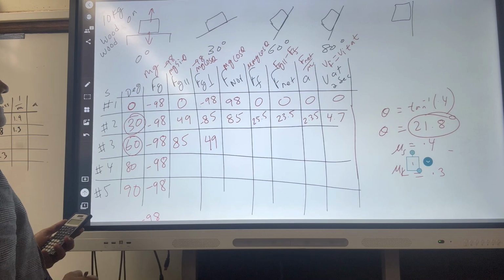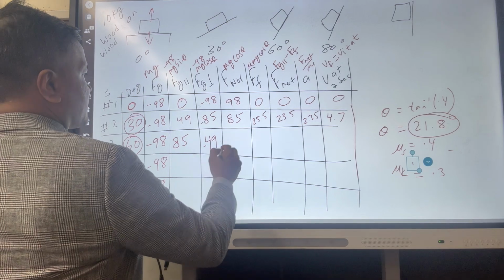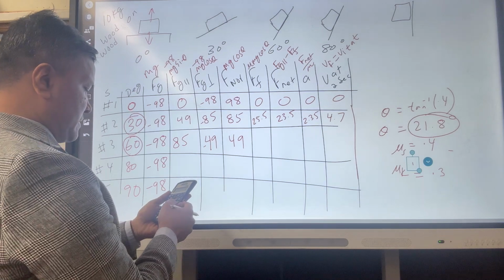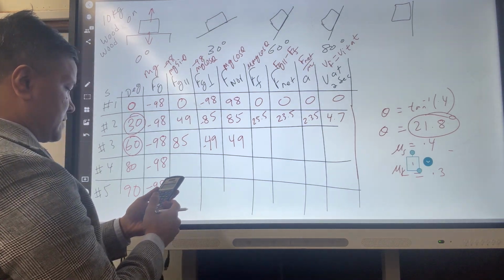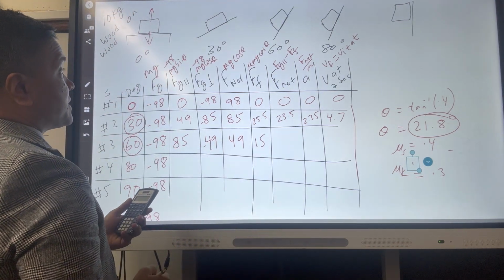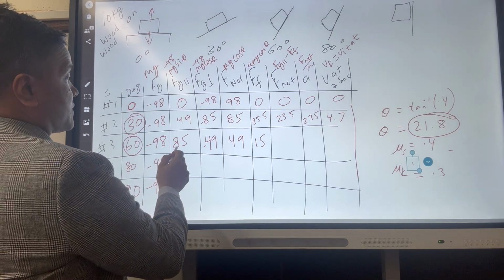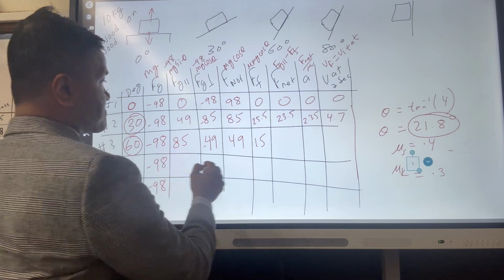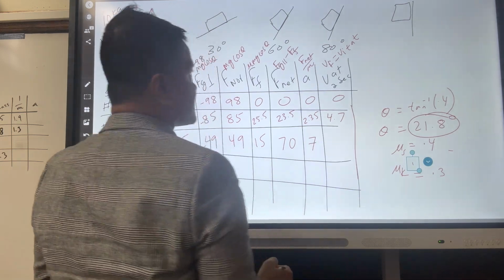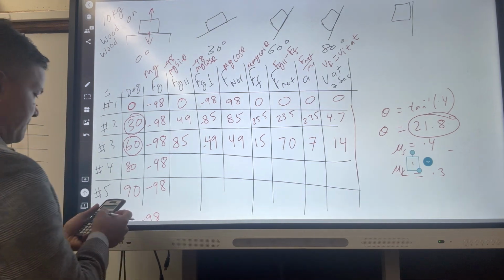All right, and then mg cosine theta, so this is 49. This is mu, so 49 times 0.3, and that is 15. And that's 85 minus 15, right? So that's 70. And that is 7. 7 times 2, 14. All right, let's do this one.